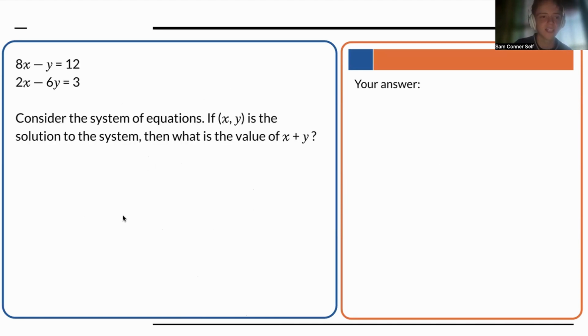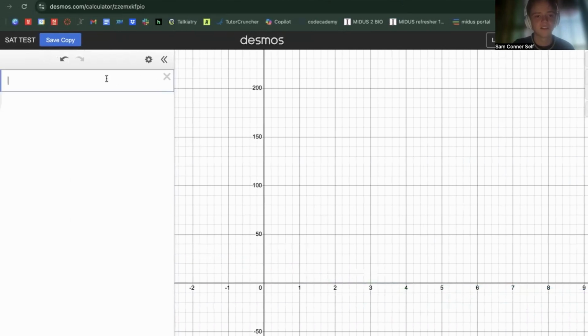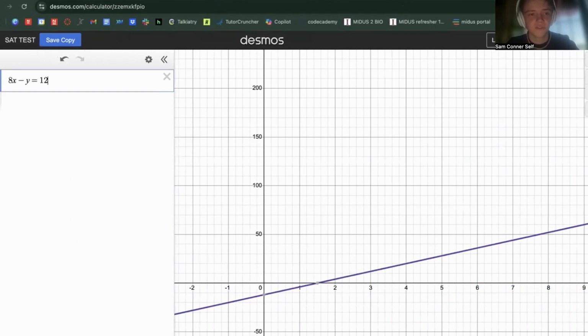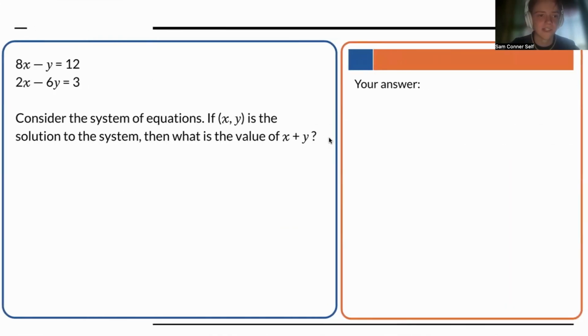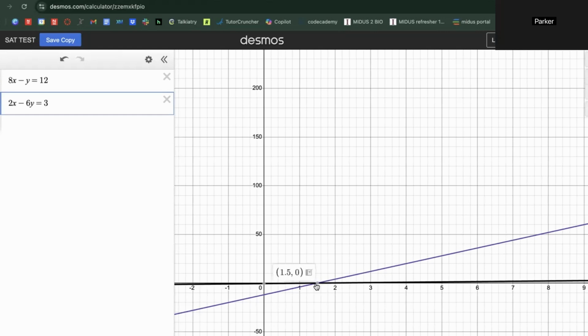So let's see, 8x minus y equal to 12, and then 2x minus 6y is equal to 3. So, yep, the answer is going to be 1.5 and 0.